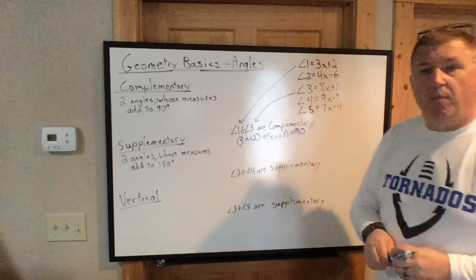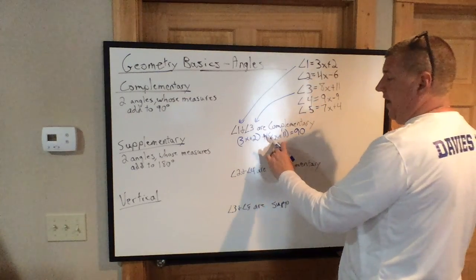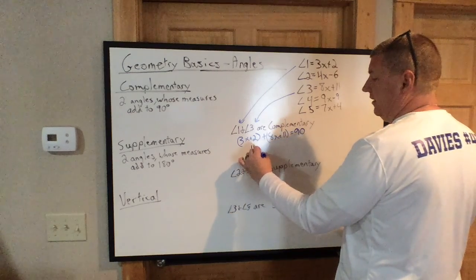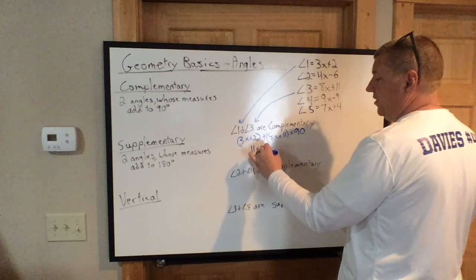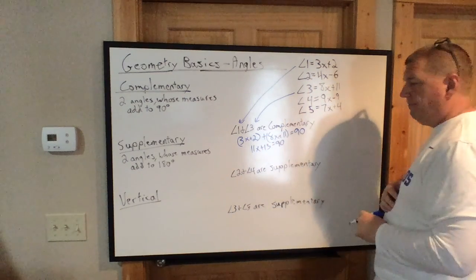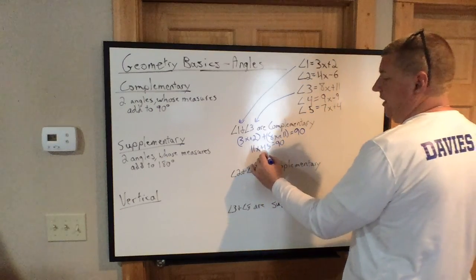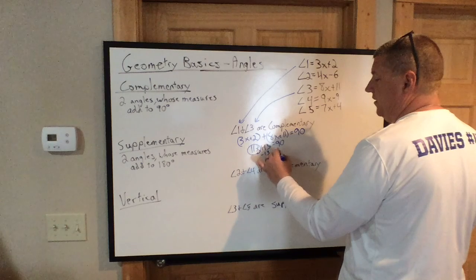At this point, we're going to combine our like terms, which is our 3x and our 8x, which gives me 11x, plus 2 and plus 11, which gives me plus 13, equals 90 degrees still. There's the term with the variable in it. Subtract my 13 from both sides.